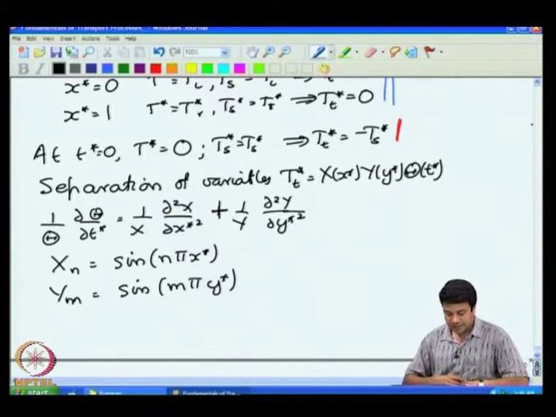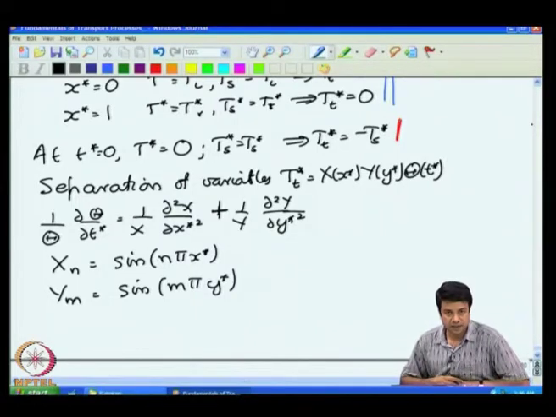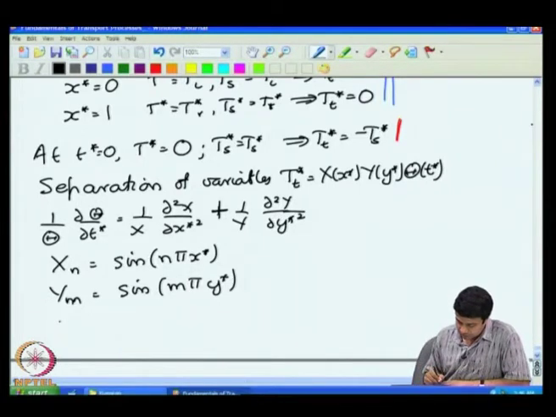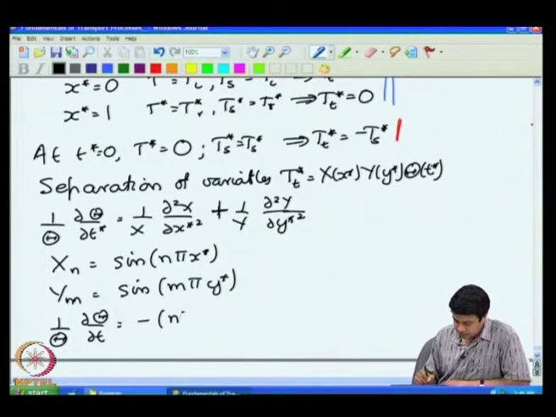So, if x n is of the form sine of n pi x and y m is of the form sine of m pi y, that means my solution for theta has to satisfy 1 over theta d theta by dt is equal to minus of n square plus m square times pi square.